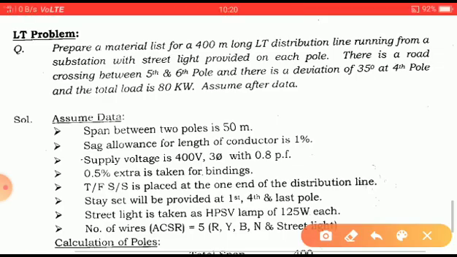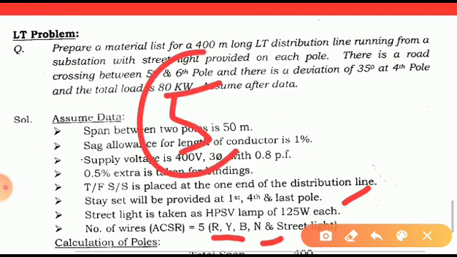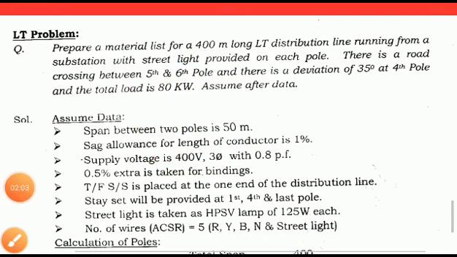It is an HPSV lamp of 125 watt, and in this problem they have used 5 wires. These 5 are R, Y, B, N and a street light. So they have used a total of 5 wires, and this is the given data in this problem.